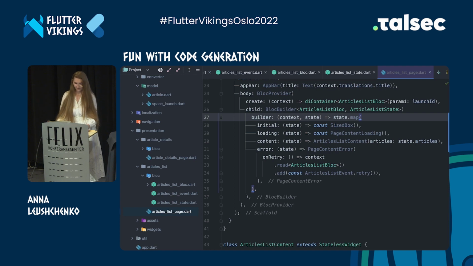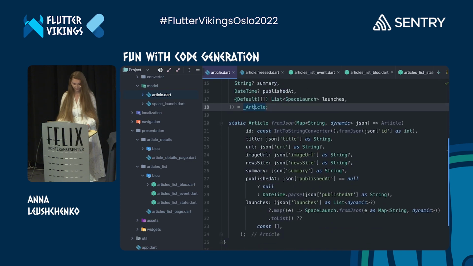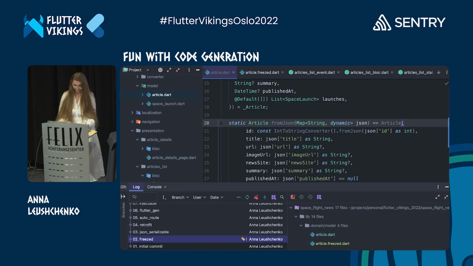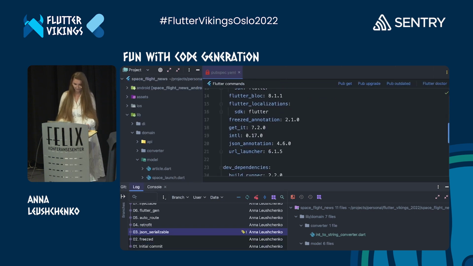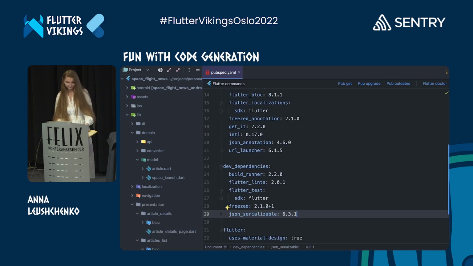Next, I'm going to talk about JSON serialization. As I mentioned, the article model manually implements the deserialization logic. This is yet another area for improvement with code generation. For that, I'm going to use JSON serializable package by Kevin Moore from Google. I now have it as a new dev dependency, and JSON annotation as direct dependency.